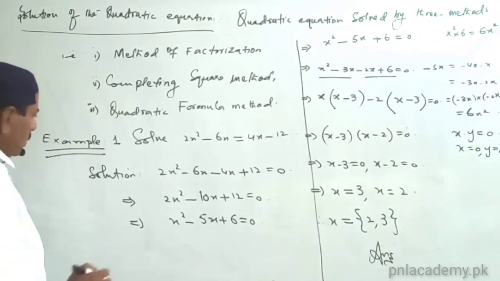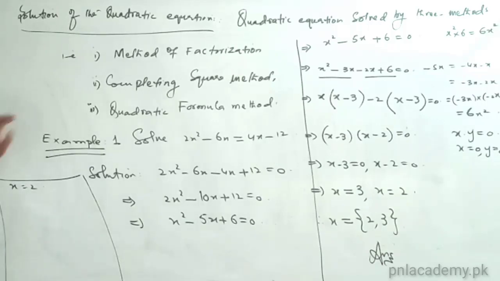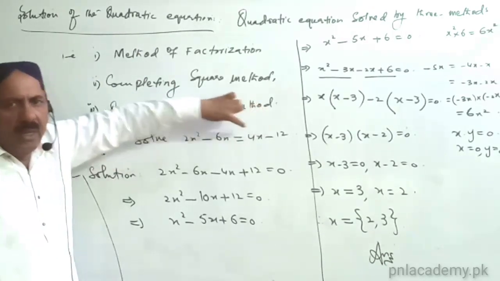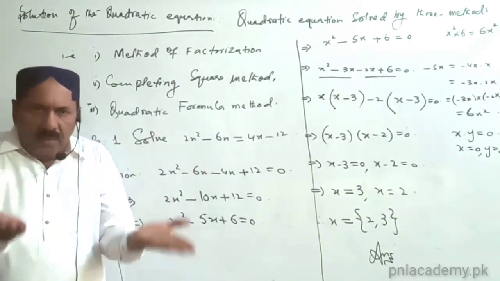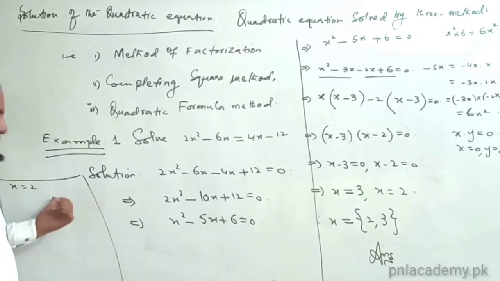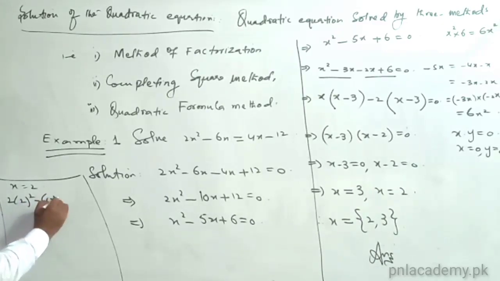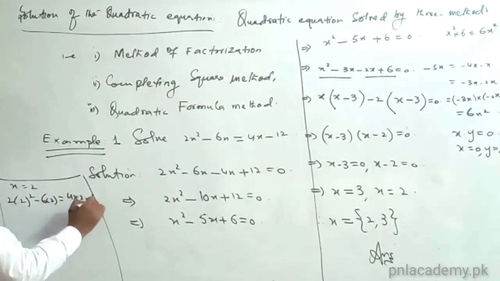If we substitute x is equal to 2 in both sides of the equation, if both sides are balancing, the value is true. If both sides are imbalanced, then the given value is not true. So therefore 2x square means 2 into 2 square minus 6 into 2 is equal to 4 into 2 minus 12.